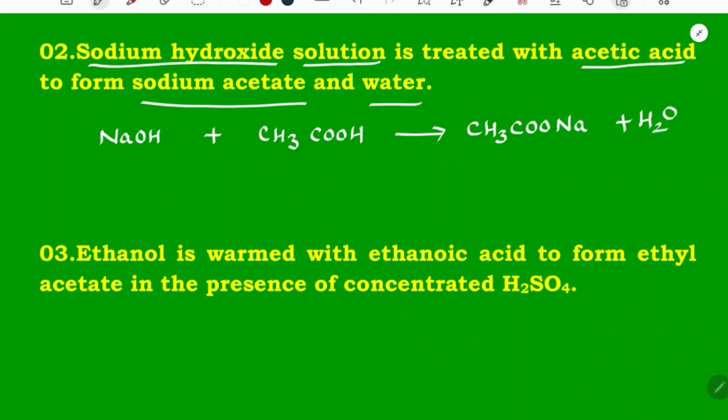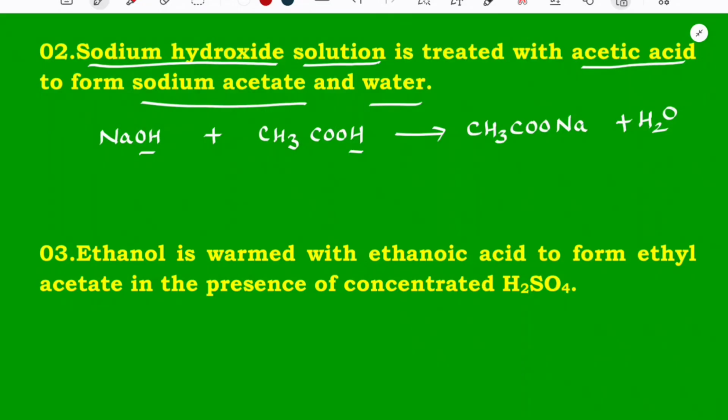Now you can check whether the equation is balanced or not. The OH combines to form water, remaining acid. So no need, it is already balanced.